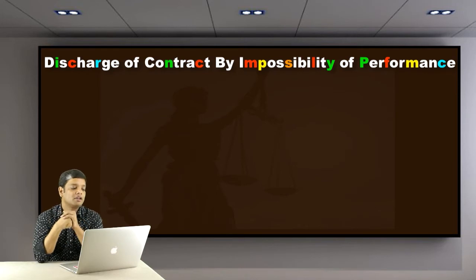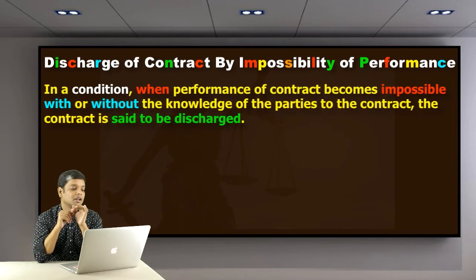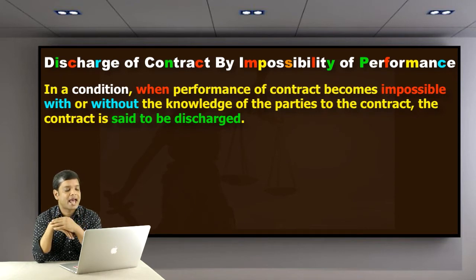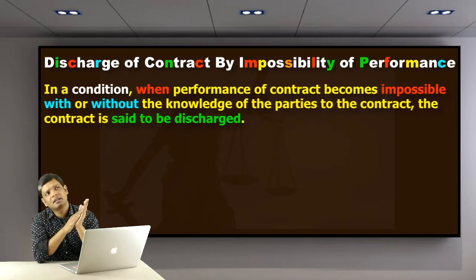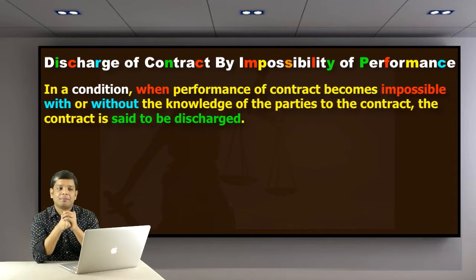Okay, so now let's check the technical meaning. In a condition when performance of a contract becomes impossible, with or without the knowledge of the parties to the contract, the contract is said to be discharged. So in this case, a certain kind of act may be speculated, but a certain act may not be speculated.